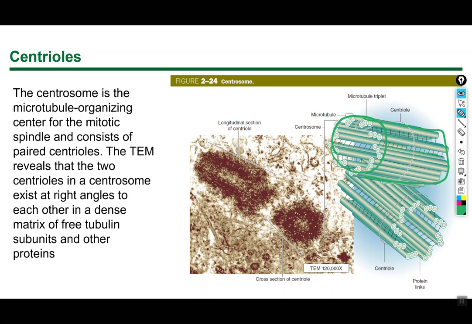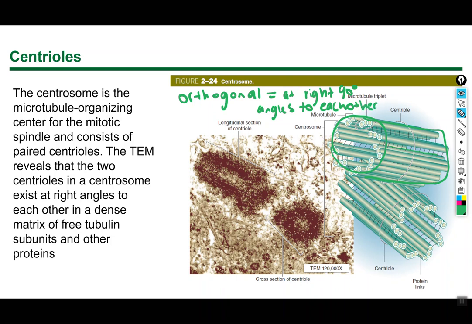And these form two short cylinders that are always orthogonal to each other. So orthogonal is a fancy way of saying at right or 90-degree angles to each other.